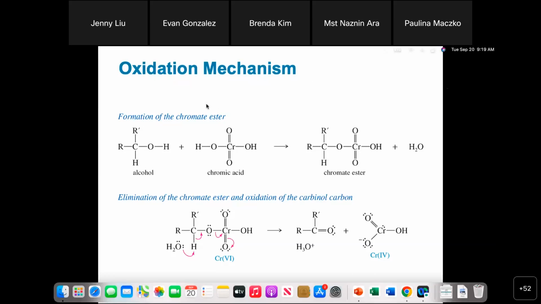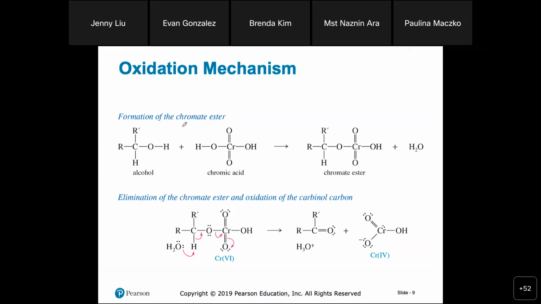So first, what actually happens in the mechanism? The mechanism of oxidation of alcohol involves formation of a chromate ester. Since we use this oxidizing agent very frequently, we will explain our mechanism on the basis of that.